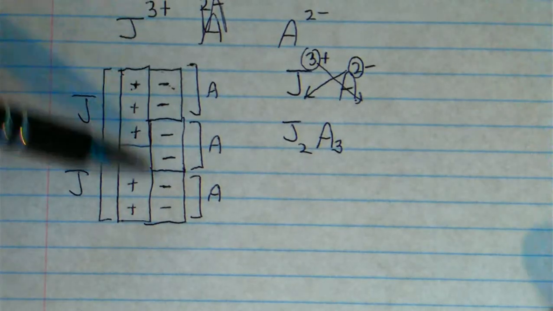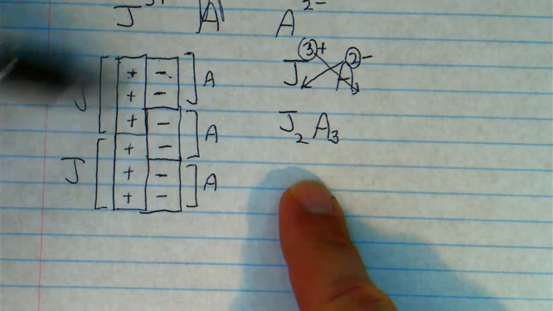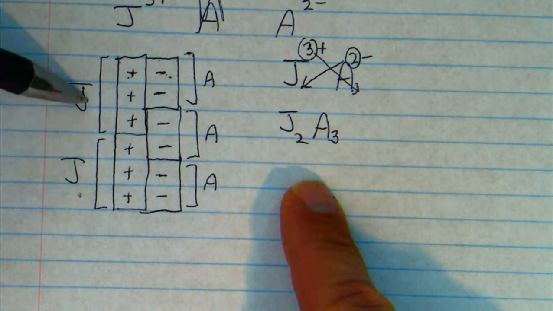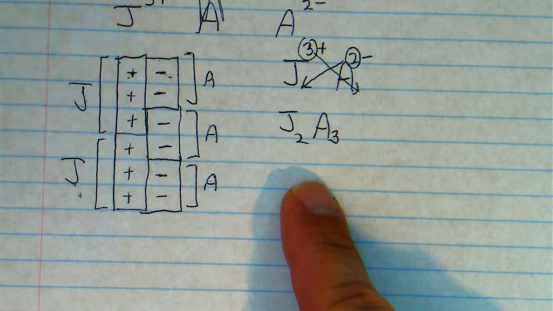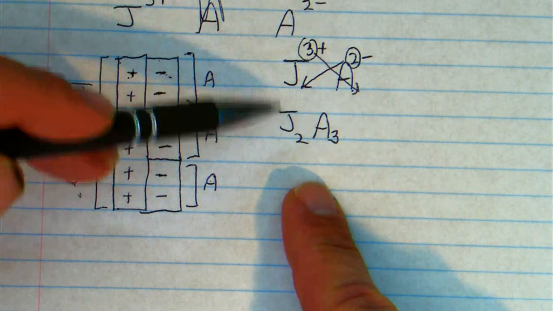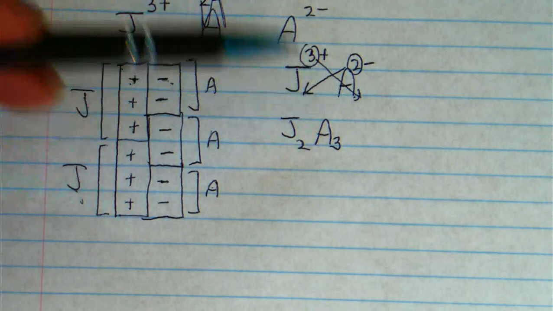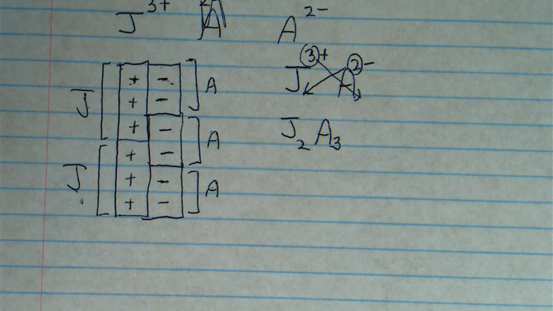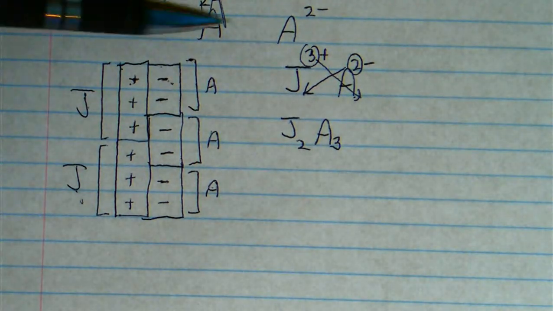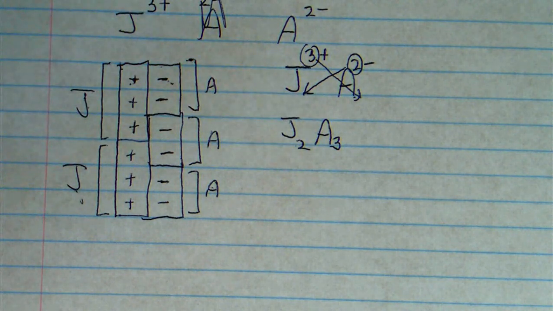Ta-da! This matches this diagram. Giselle 2, Amber 3. By crisscrossing the magnitudes of the electric charges, I will always end up writing the formula for a neutral molecule.